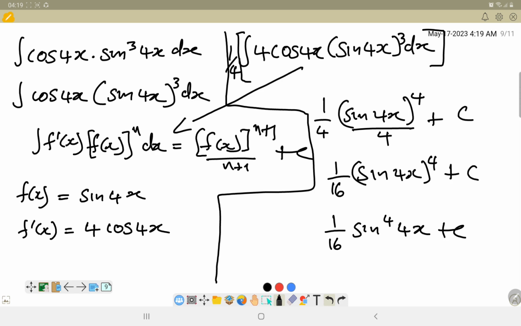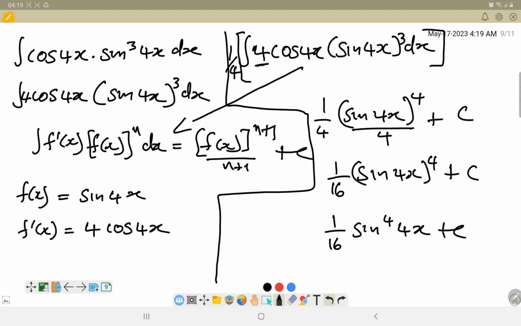The technique in this one is that after you differentiate f of x in this step, you realize that the way the integral was given, there is no 4 cos 4x. So we put the 4 here. Then this technique is called compensation, where we also divide outside, by multiplying by 1 over 4.